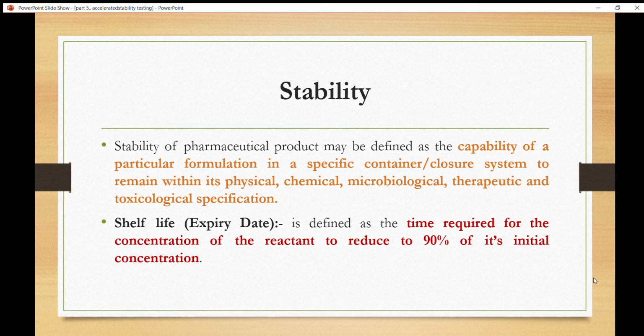First, we understand the stability of a pharmaceutical product. It is defined as the capability of a particular formulation in a specific container closure system to remain within its physical, chemical, microbiological, therapeutic and toxicological specification.